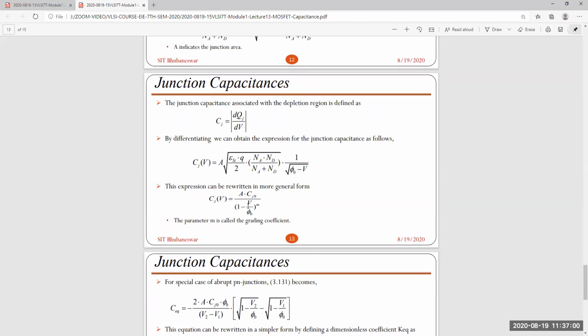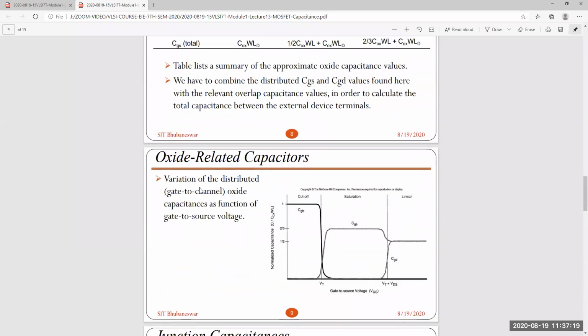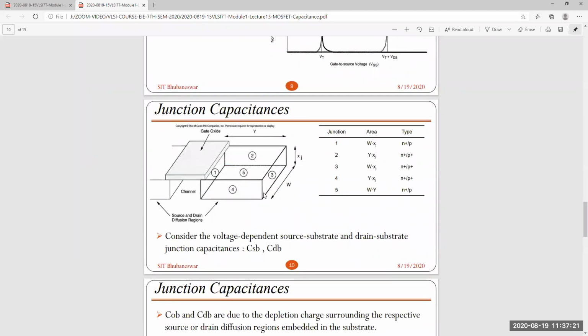And this is your barrier potential, or built-in potential. This is the reverse bias voltage, and this M depends on whether the junction is graded or abrupt. This junction is purely abrupt in theory, but in practice it is not purely abrupt, so it is like this.